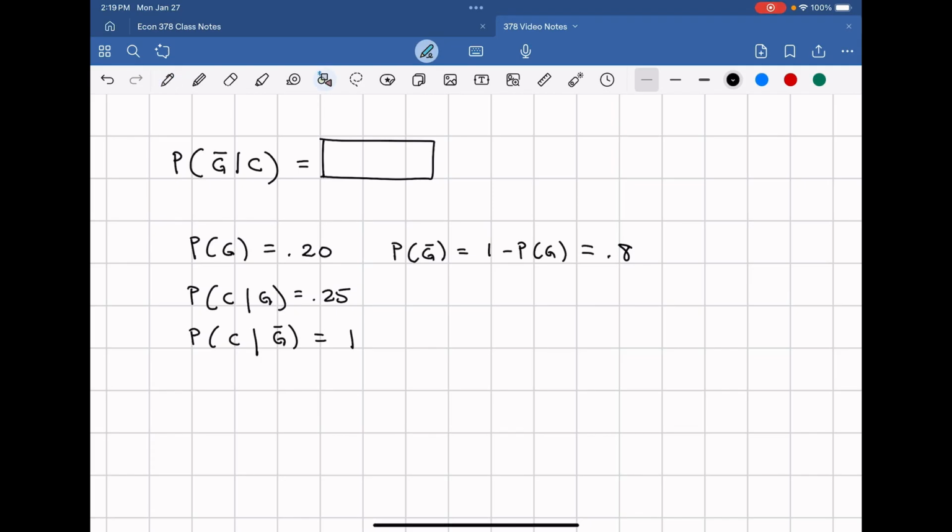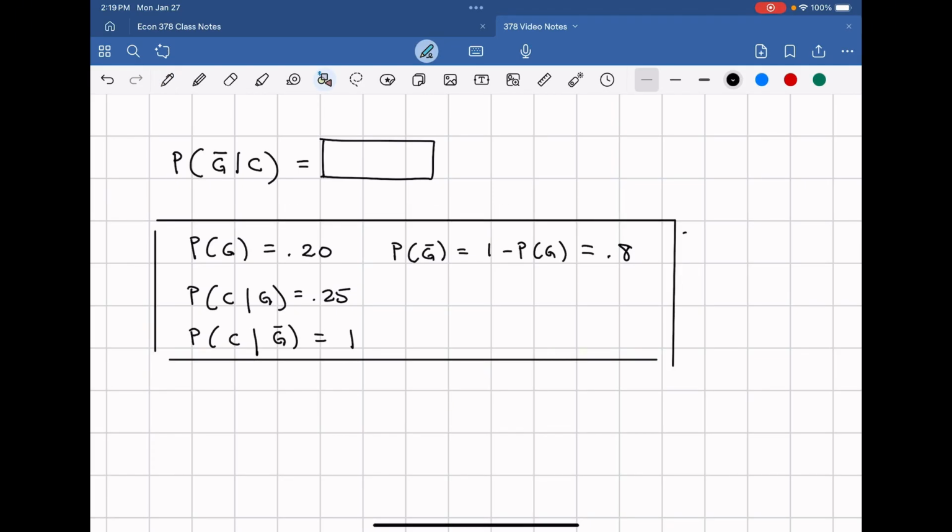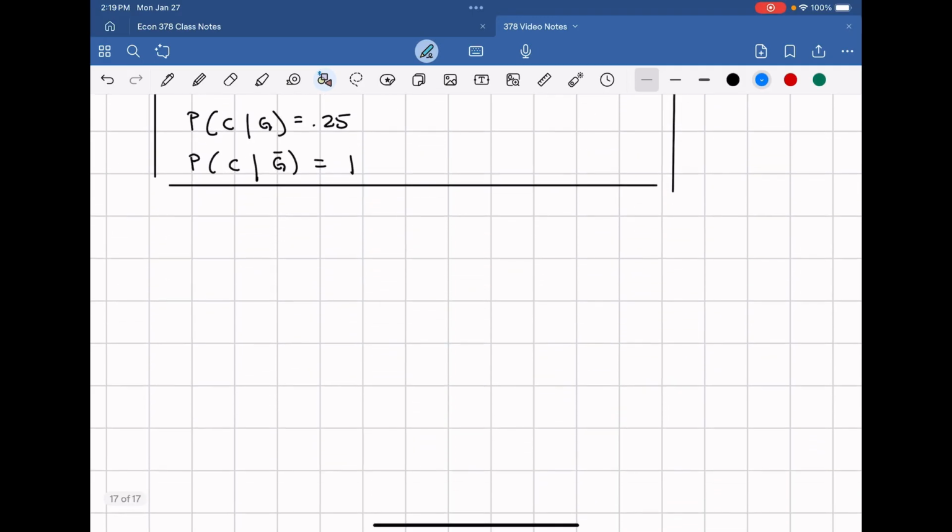So this is all the information that we do know simply from the wording of the example. So let's go ahead and think about what it is we need to solve in order to get to where we want to be. As we mentioned, we want to know the probability that she didn't guess, or she knew the answer, conditional she got it correct.